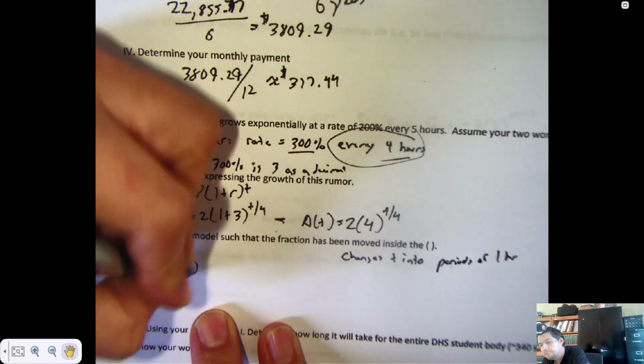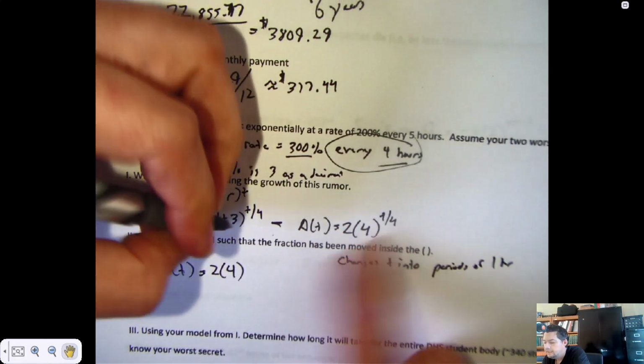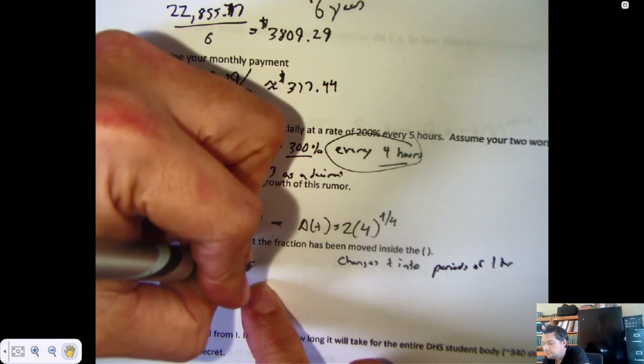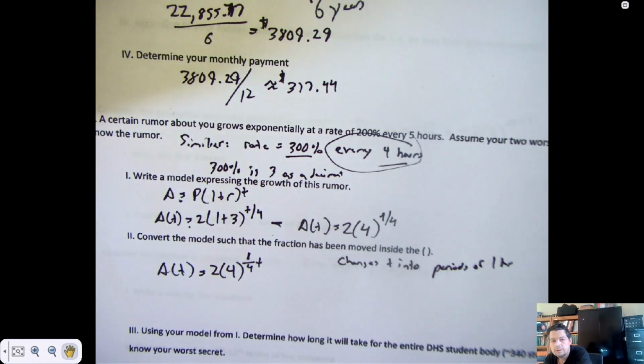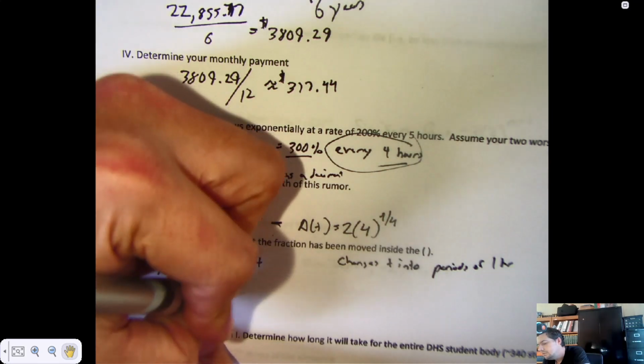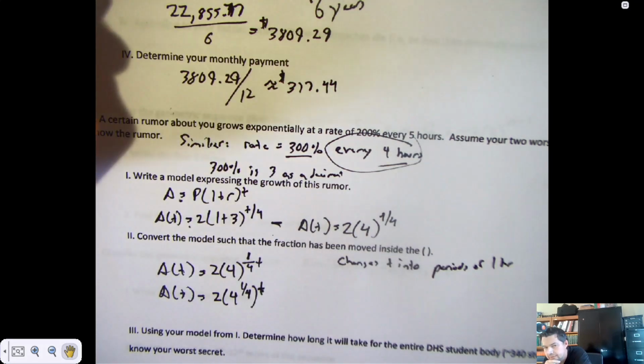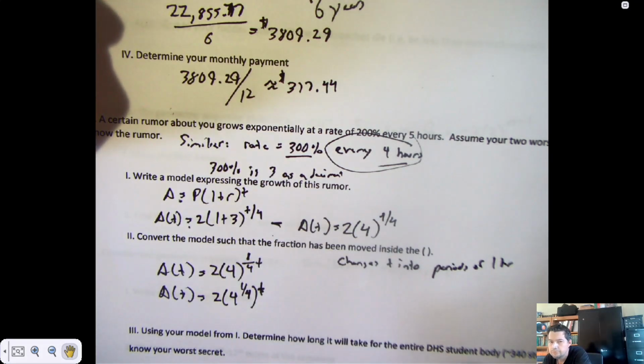So the amount after time passes is 2 times 4. And I'm going to do this in 2 steps for you. I'm going to rewrite t over 4 as 1/4 t. All right? Then I'm going to move that 1/4 inside because I can, because it's a legit move.